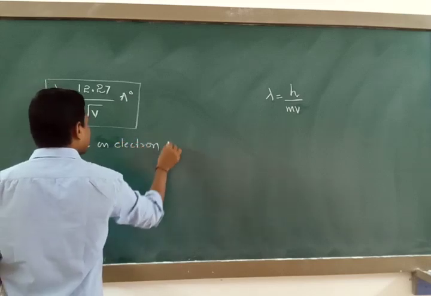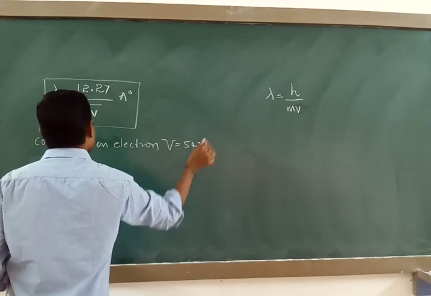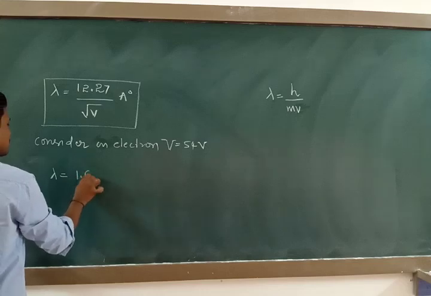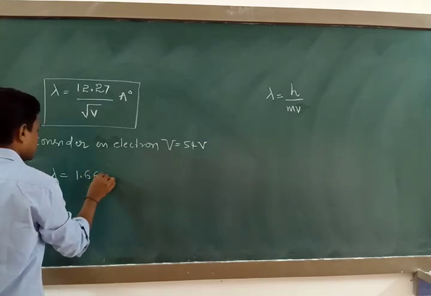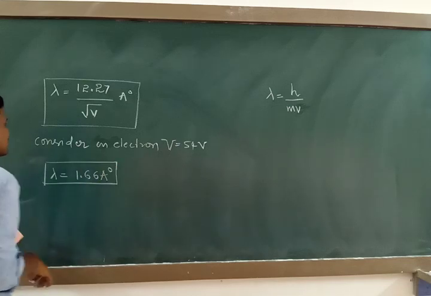Suppose I accelerate that electron by applying a potential difference of 54 volt. Then the value of lambda that I will observe is 1.66 angstrom.